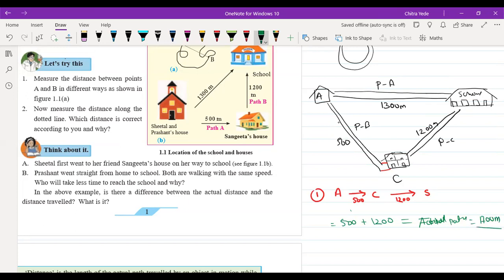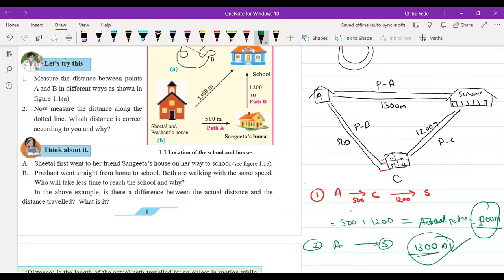But the shortest distance from Arham's home to school will be 1300 only, right? The actual path traveled by a person from one place to another is called its distance. So 1700 will be the distance. But the shortest distance from initial to final point will be 1300 only.